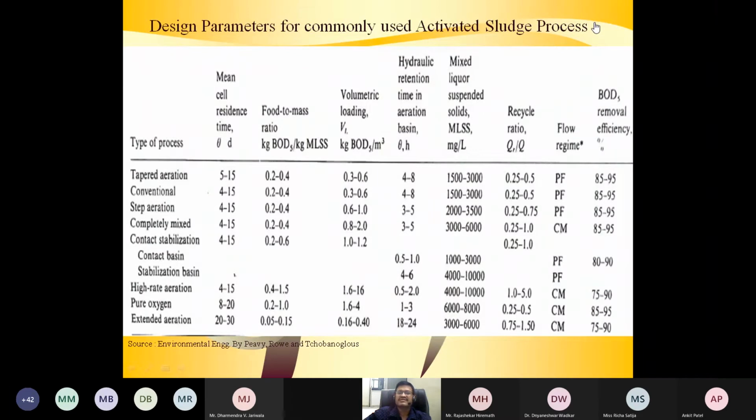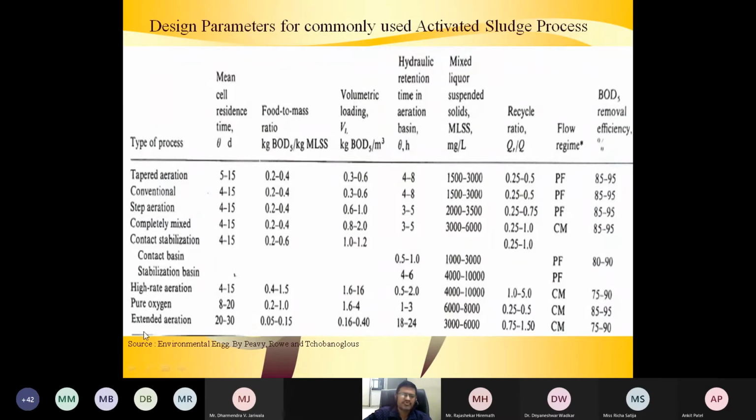Because we are recycling the sludge. Biomass is coming again and again into the aeration tank, so its retention time is more. But our wastewater comes once and goes after 4 to 8 hours. So that's why the hydraulic retention time is 4 to 8 hours and the sludge retention time is 5 to 15 days, because we are recycling the sludge, not the wastewater.